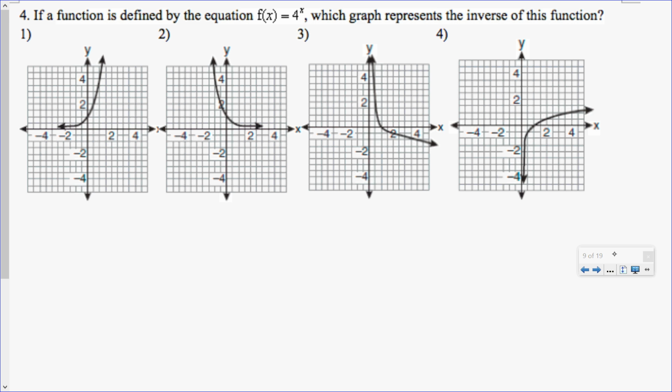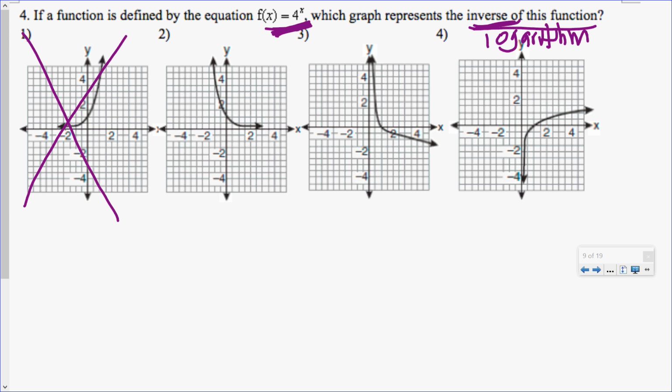Okay. The answer is not choice 1, because it's not asking which graph is f of x equals 4 to the power of x. It says which graph represents the inverse of this. Well, since this is an exponential graph, the inverse must be a logarithmic graph. So, which of these is a logarithmic graph?